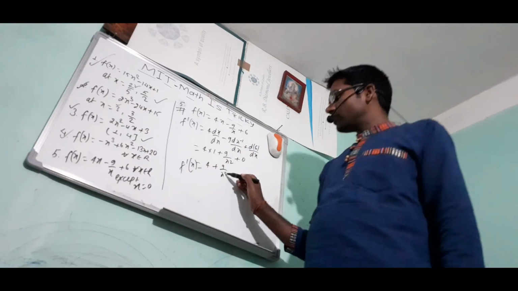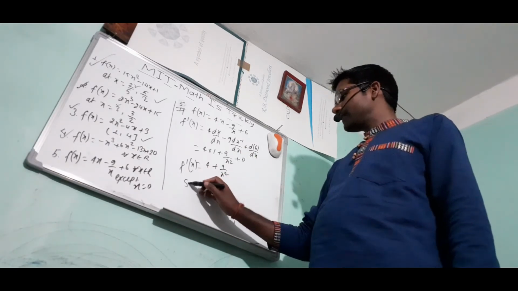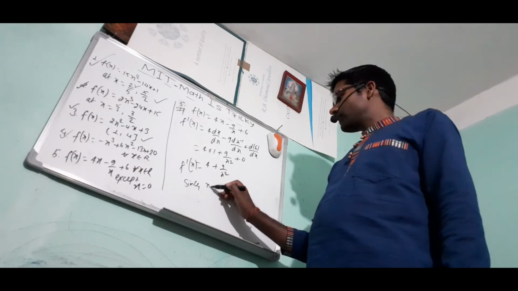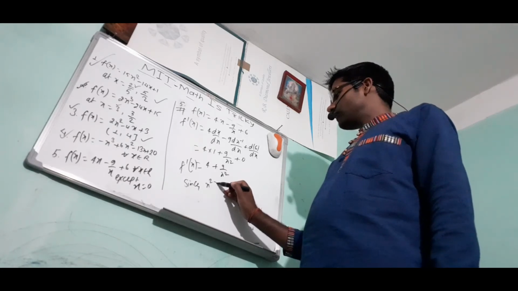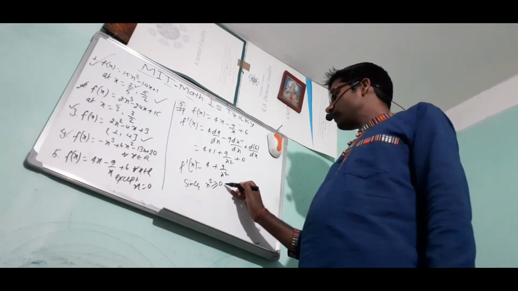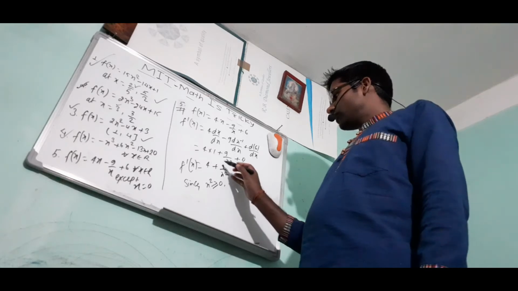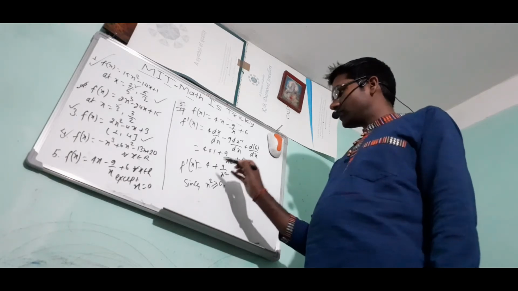Now since x square is always greater than or equal to 0, this is going to be always positive.